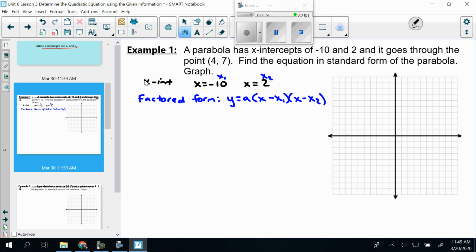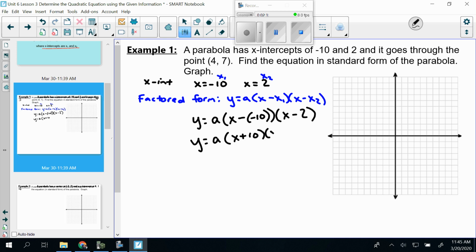So we're going to end up with y equals a times (x minus -10) and (x minus 2), because those are the two numbers we got in. So it's going to end up being a times (x plus 10), since minus a negative is the same as plus 10, and (x minus 2). All right, so we're stuck with those, we got to figure out what that a is.